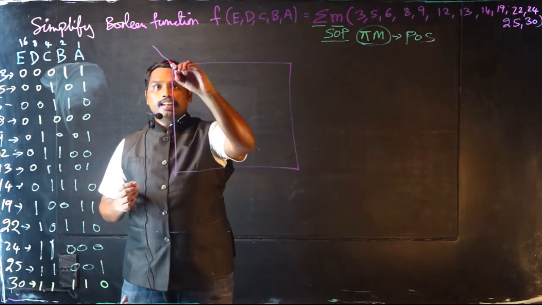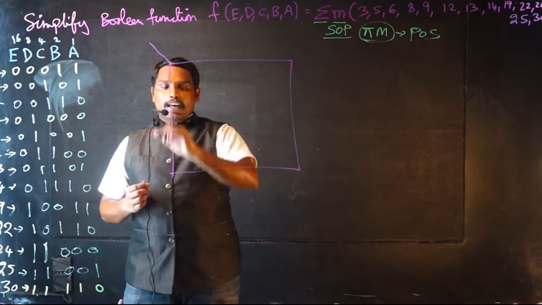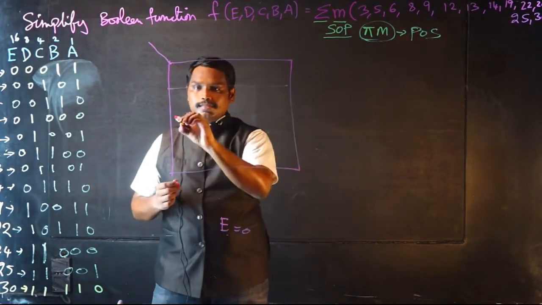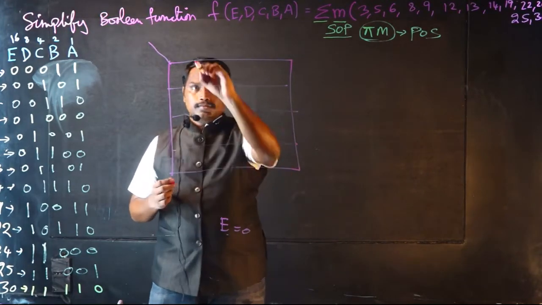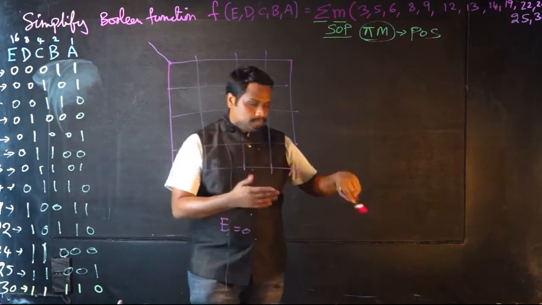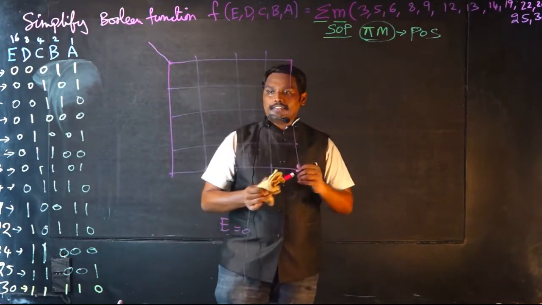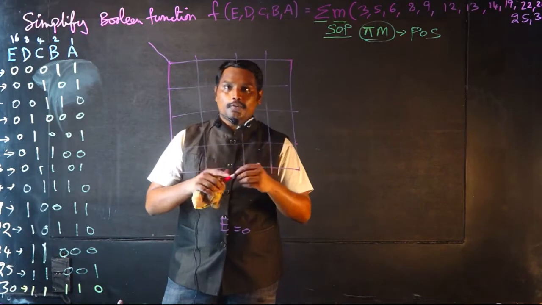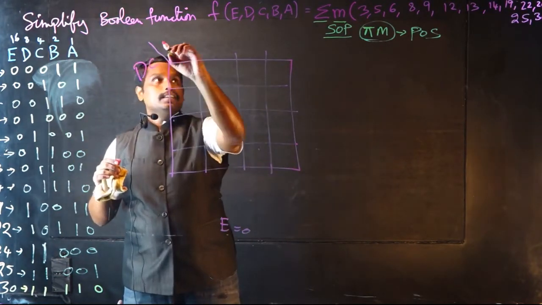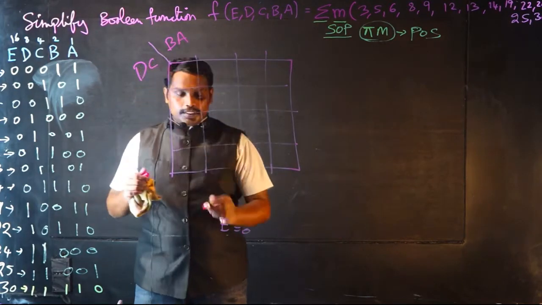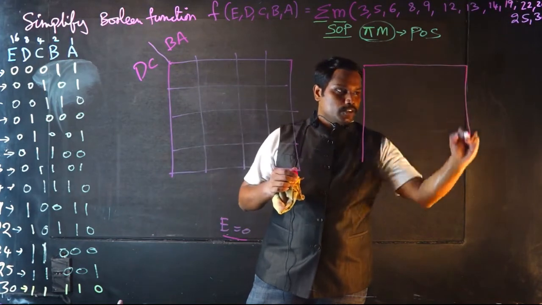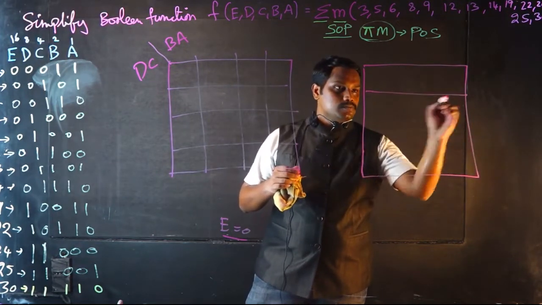Since it is having 5 variables, I'm going to express this as E is equal to 0 for the first Karnaugh map, with the rest of the 4 variables as D, C, B, A. So hope this is clear. This is E is equal to 0, and in the same way, for E is equal to 1, you are going to plot E is equal to 1.